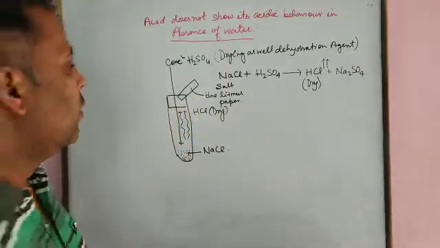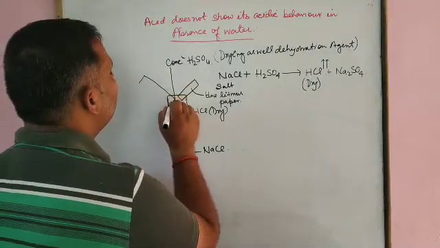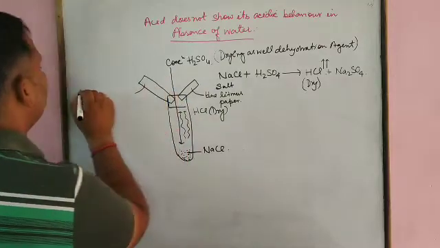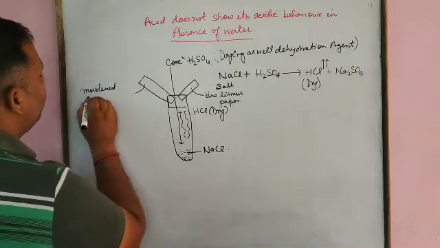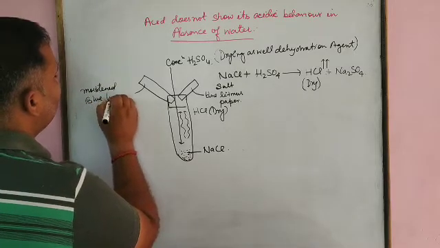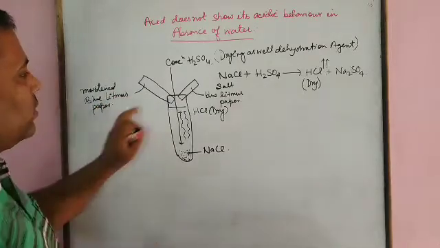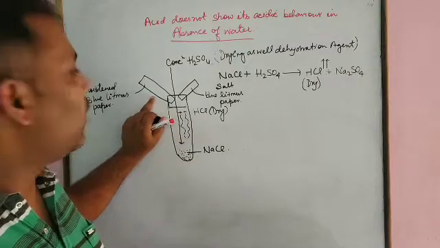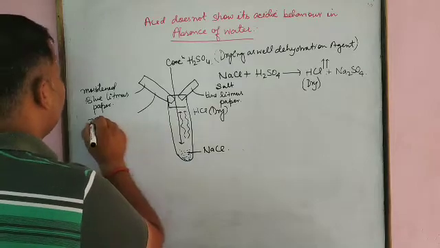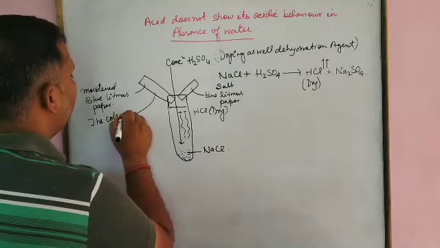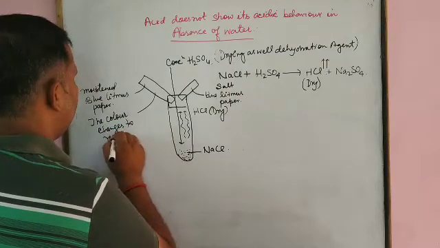Next, we take another litmus paper, a moistened blue litmus paper. It contains water, and we see that the color changes to red.